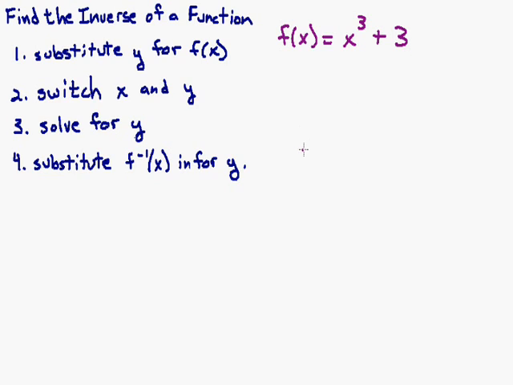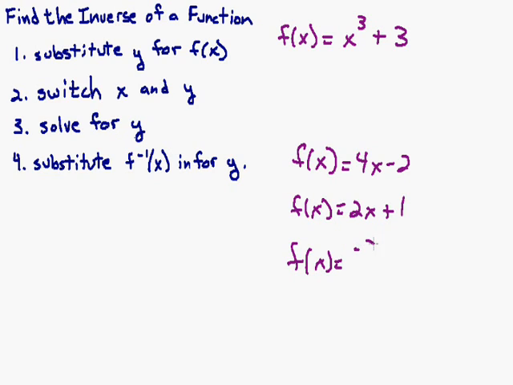If the function looks like a line, f of x equals mx plus b, like 4x minus 2, or f of x equals 2x plus 1, or f of x equals negative 2/3 x, or f of x equals negative 4/5 x plus 17, those are all lines, and those all have inverses.